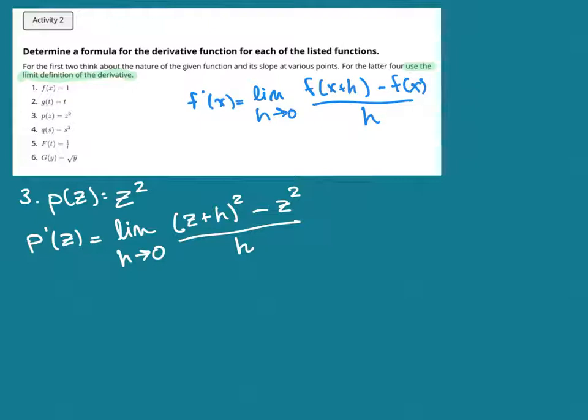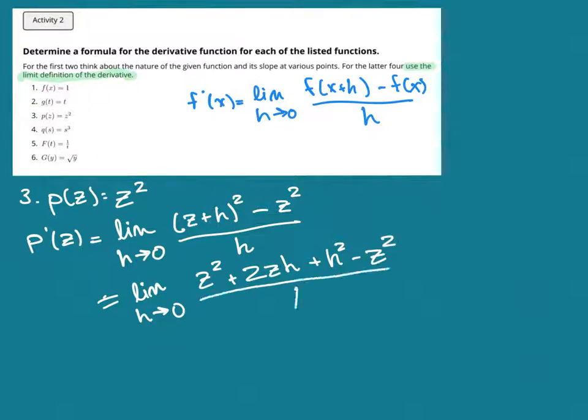All right. Now it's time to simplify as much as we can. So we're taking the limit as h goes to 0 of z squared plus 2zh plus h squared minus z squared over h. That's the limit as h goes to 0 of, oh boy, what can we simplify?